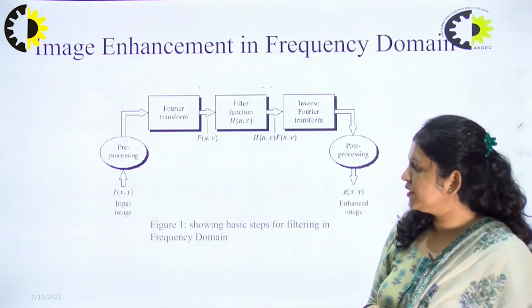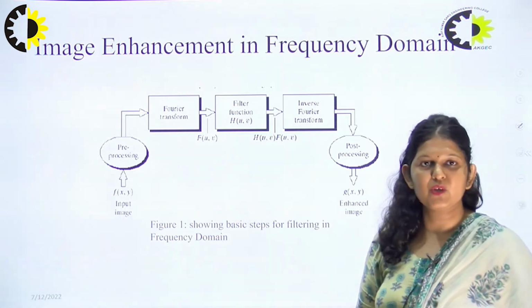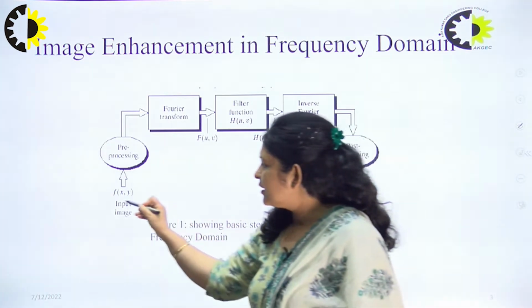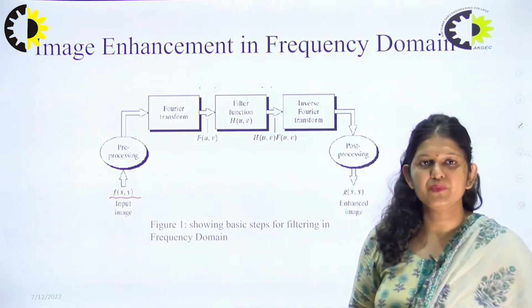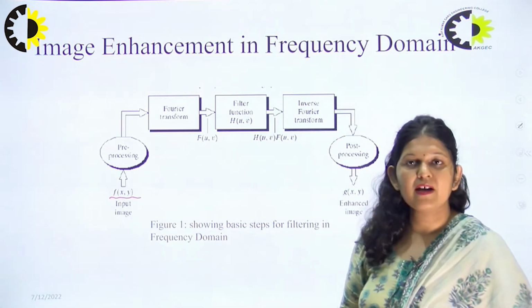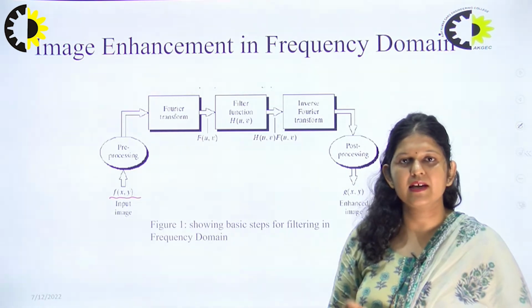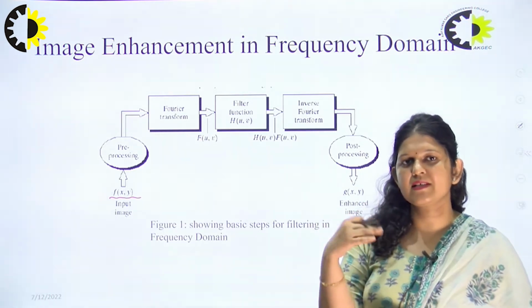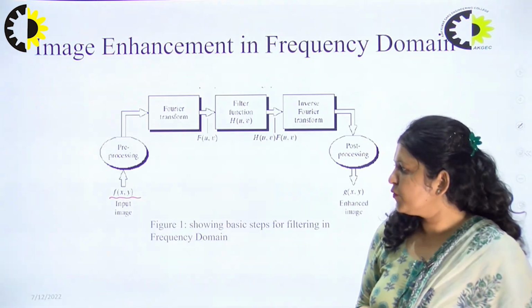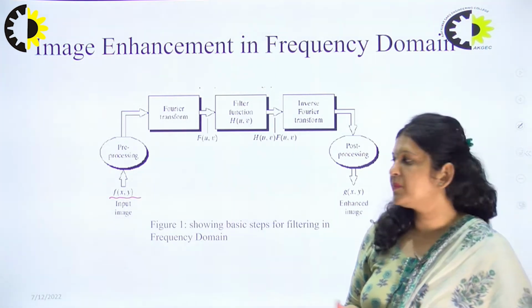Basically when we do the image enhancement in the spatial domain, we have the input image f of x comma y, as we have seen in the earlier video. So this f of x comma y represents the intensities at each and every location of the image, that is the pixel intensity values. Now first what we will do is the pre-processing.